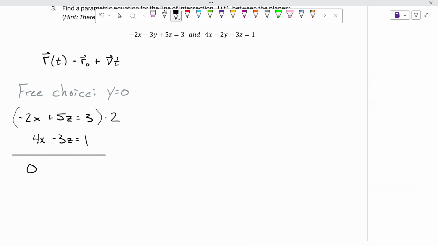I'll get 10z minus 3z is 7z. And then 2 times 3 is 6, plus 1 is 7. So z equals 1. And if z equals 1, then what's x got to be? 4x minus 3 equals 1. So that must mean x is also 1.